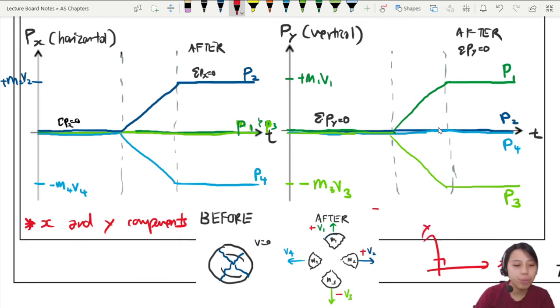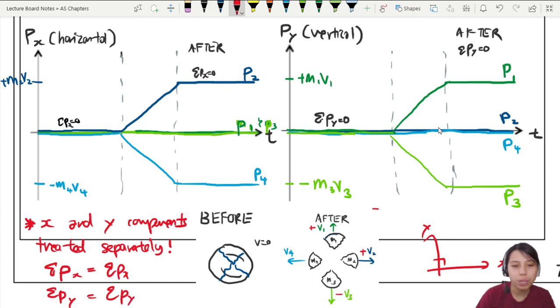The x and y components are treated and calculated separately, and momentum is conserved separately as well. So momentum is conserved in the horizontal, and momentum is conserved in the vertical as well. So Py initial equals Py final. That's the conclusion of the matter.